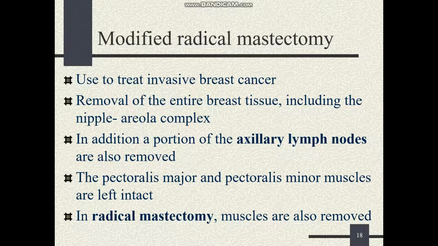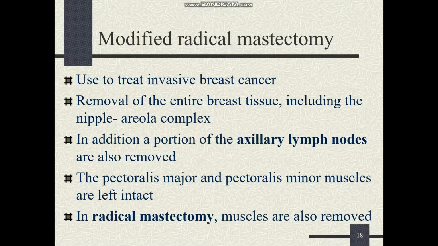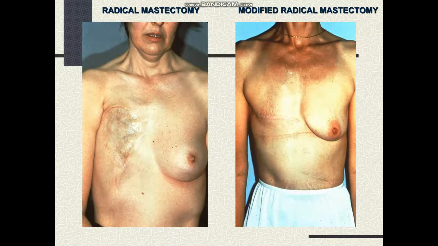In addition to that, axillary lymph nodes are also removed. But here the pectoralis major muscle as well as pectoralis minor muscle are not removed. But in case of radical mastectomy, we are removing the pectoralis major as well as minor muscle.